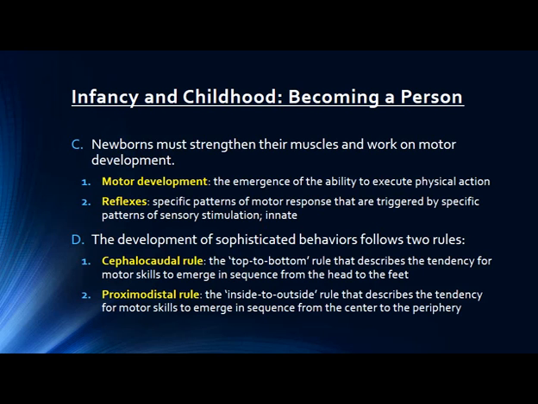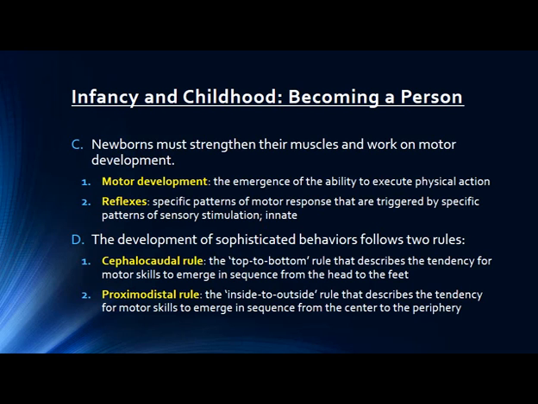The other is the proximodistal rule. This is sort of the inside out. Again, it describes the tendency for motor skills to emerge in sequence from the center to the periphery. So they can generally move centrally, but eventually they get better at getting further out.